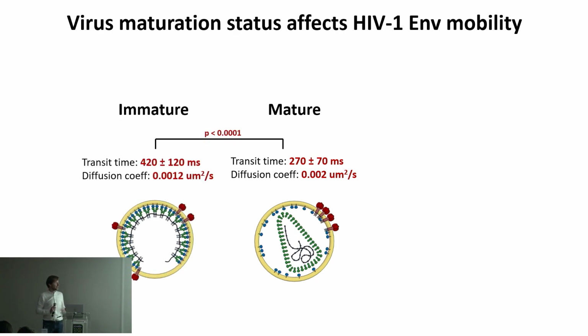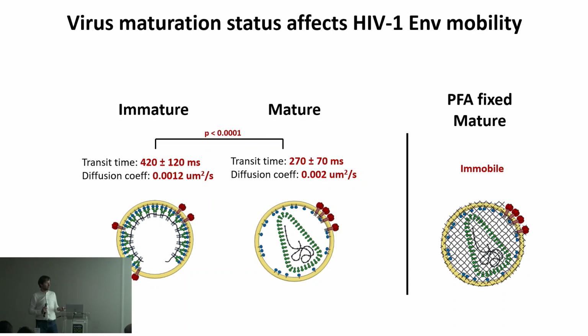However, we were able to find a consistent difference between immature and mature virus particles: mature particles were slow, but immature particles were even slower, and that was consistent. And if we looked at the controls, we had no mobility, no correlated signal whatsoever in the fixed virus particles.